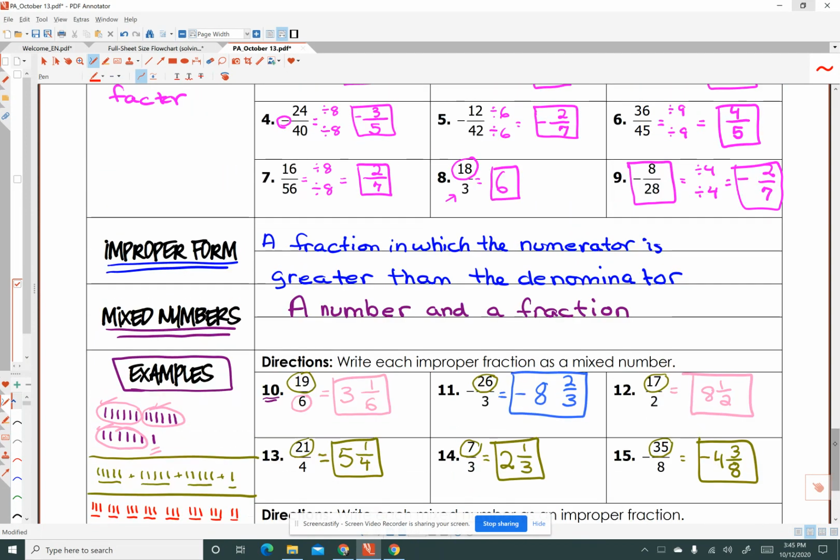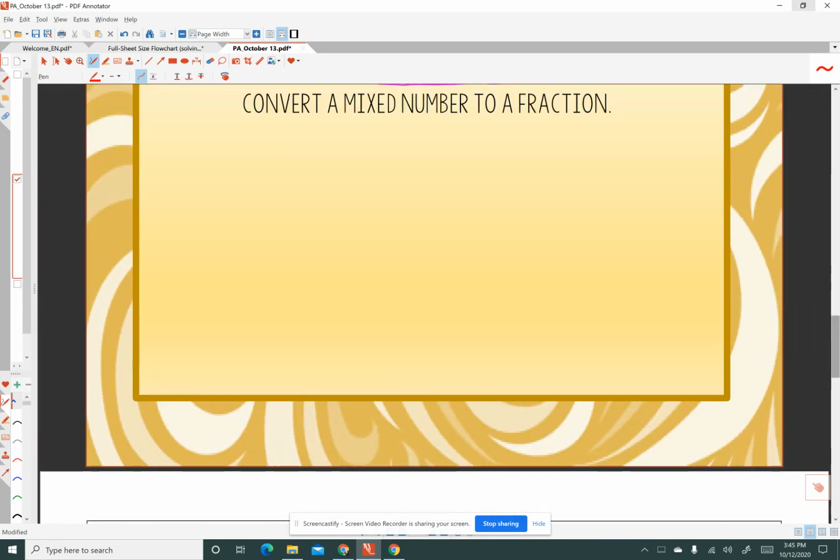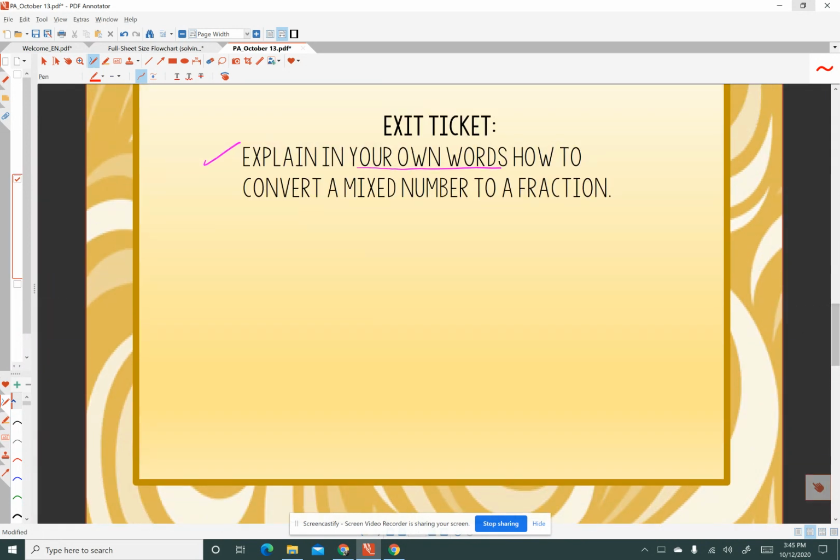It just takes practice. So let's go back to our exit ticket. And what are the steps to convert a mixed number to a fraction? So let's take an example, 4 and 5/6. Okay, we want to convert it to an improper fraction. So we're going to have 6 on the bottom, but what do we do?